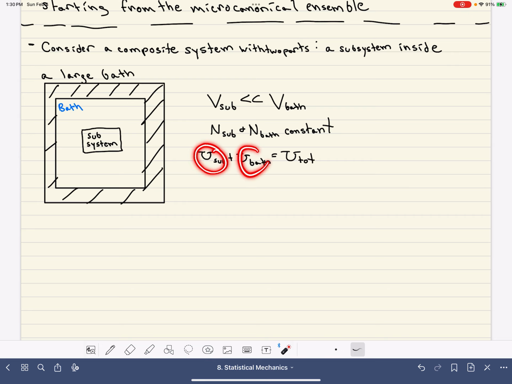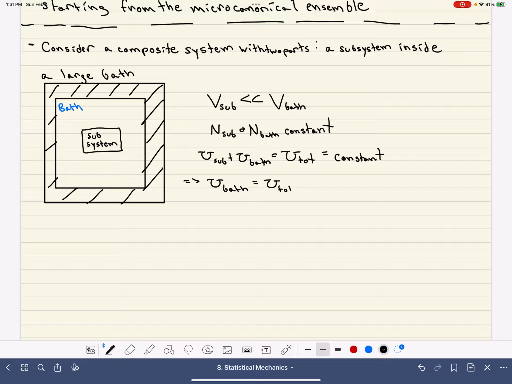But these individual values themselves can change. The subsystem's internal energy could go up or down, and the bath's internal energy can go up or down. The sum of them is constant. Because of that, we could rewrite the bath internal energy like this. So that's how we're going to define our system.